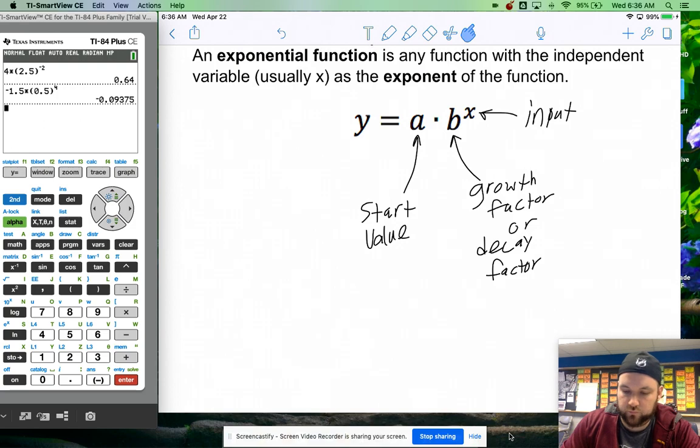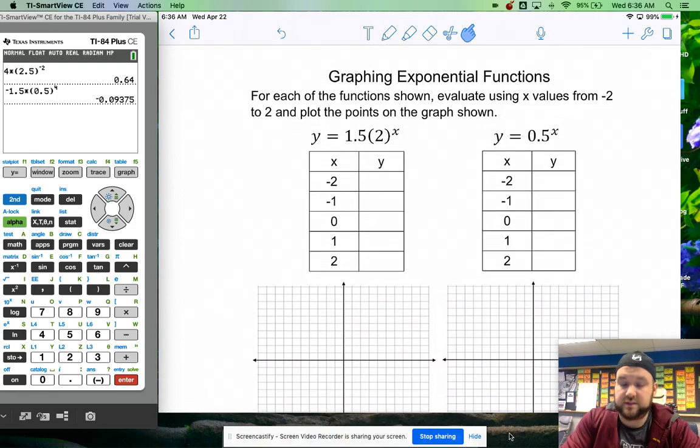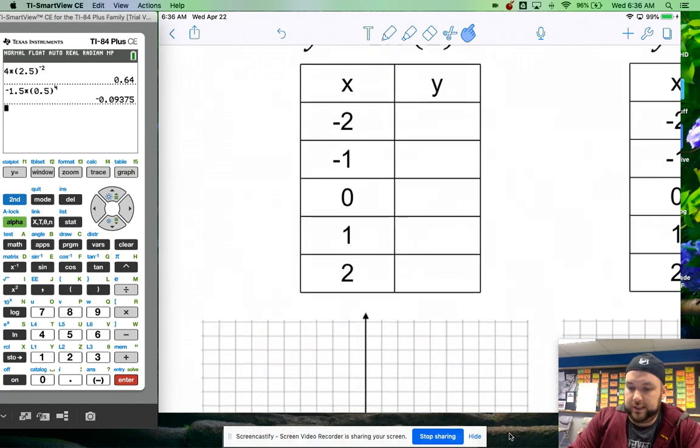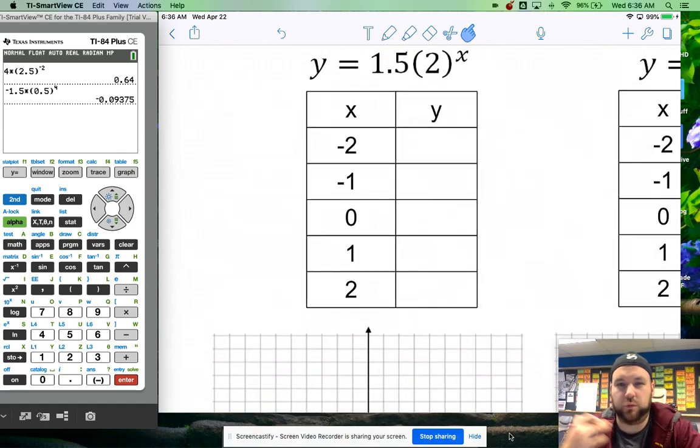Let's look at what an exponential function looks like with numbers in it, and then take a look at what happens when we graph it. A lot of times in math, if you want to get an idea of what a graph looks like, you go from a couple negative numbers to a couple positive numbers. So I'm going to do from -2 to 2 for x values and see what y values I get.